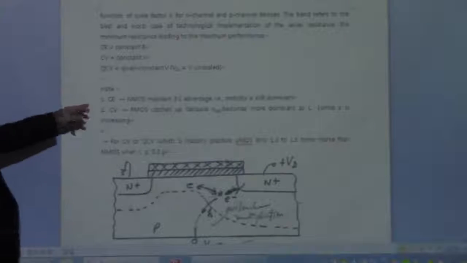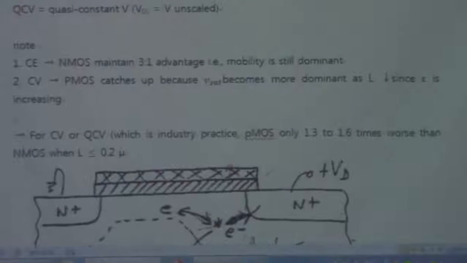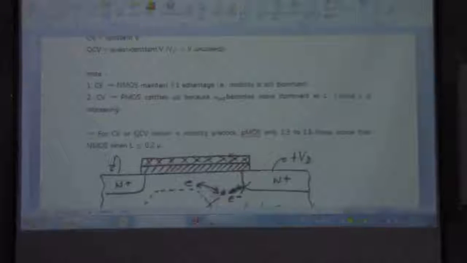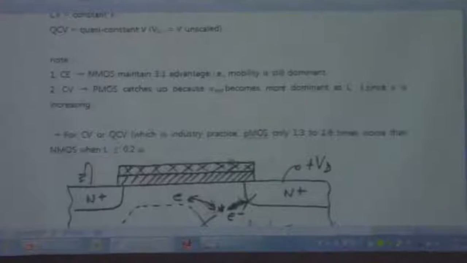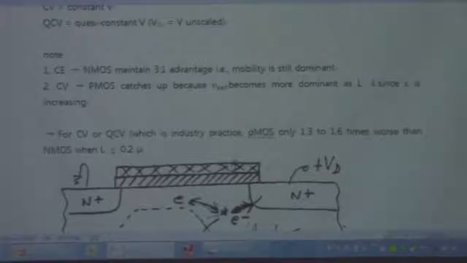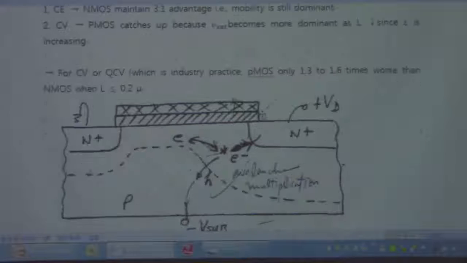So what you can notice is that the constant electric field case must maintain a 3-to-1 advantage, and mobility is still the dominant factor in controlling the device. In constant voltage scaling, PMOS catches up, okay? Because the saturation velocity becomes more dominant as you decrease the size.